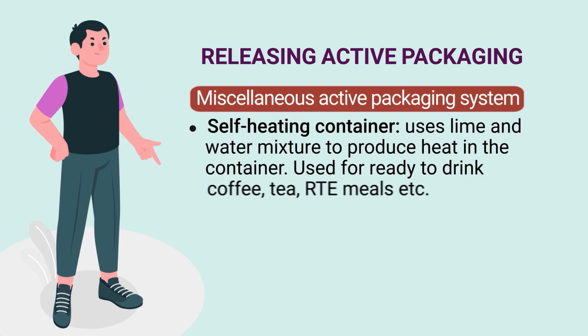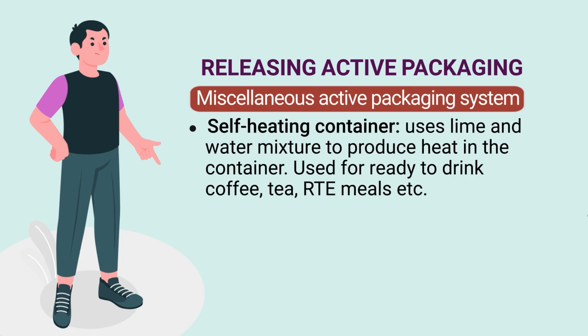I also mentioned a third category of active packaging system, that is miscellaneous active packaging system, where I gave the example of self-heating container. There is a demand from the consumers for ready to eat or ready to drink products in the form of self-heating containers. There the lime and water mixture is used. When these two react, that will produce heat and that will keep the product in hot condition.